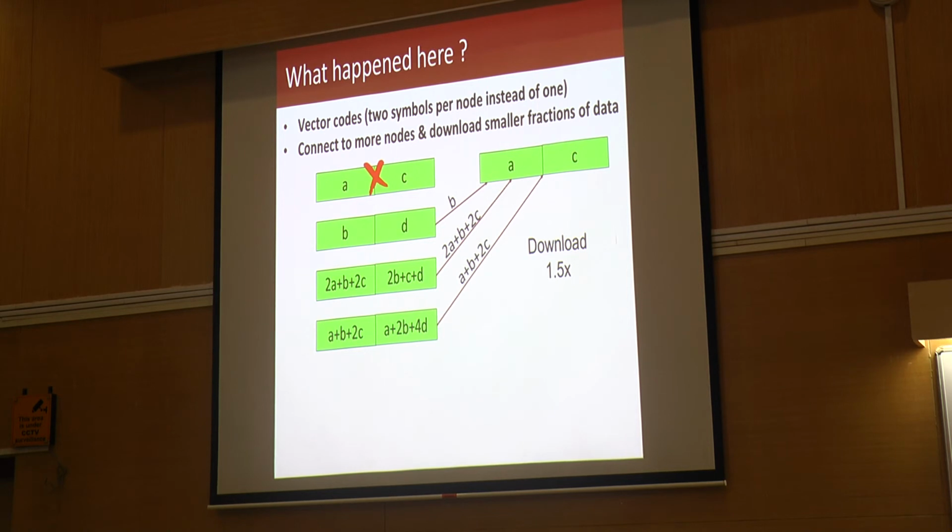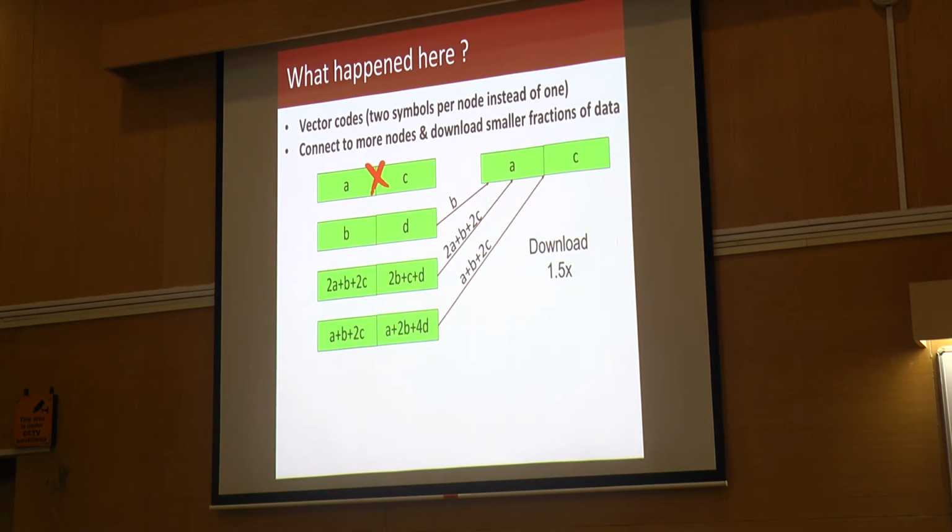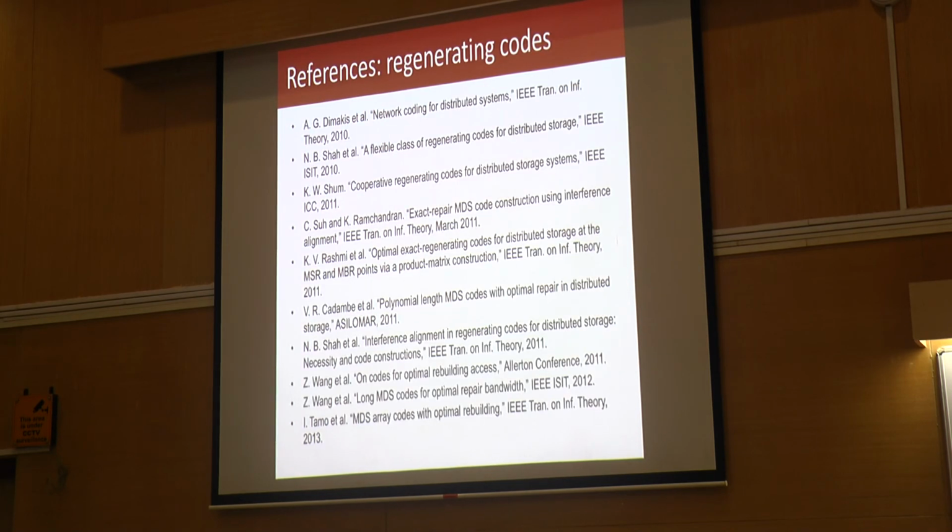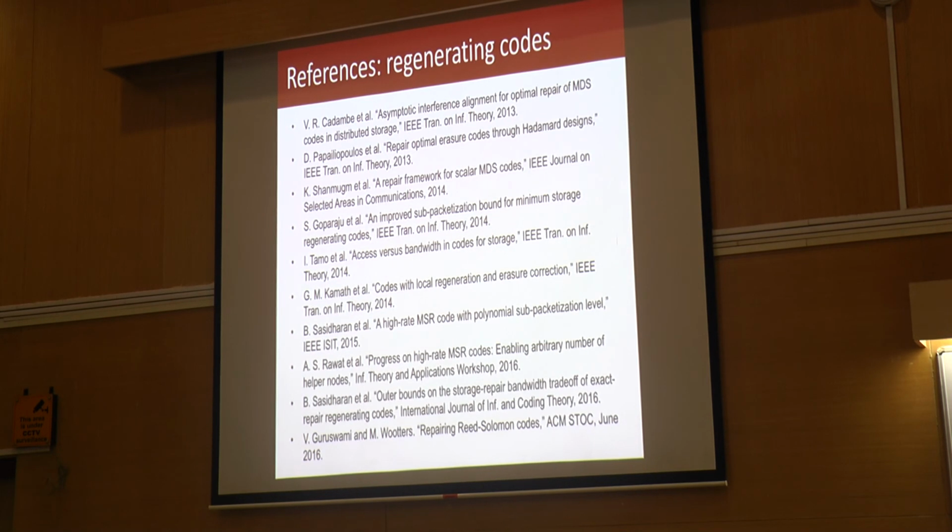There is a beautiful theory on this, the model for regenerating codes and an exact characterization of the trade-off by Dimakis et al., and a large body of work ensuing after that, including my own and several others. Of course, I'll not be able to cover all of them in detail, and I've put them all here and will be sharing the slides.